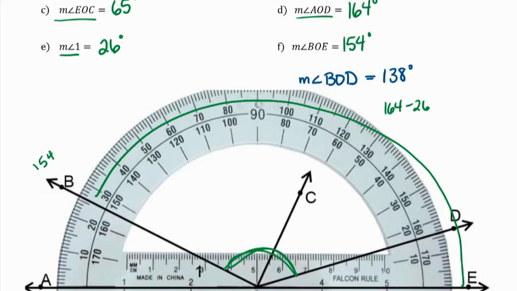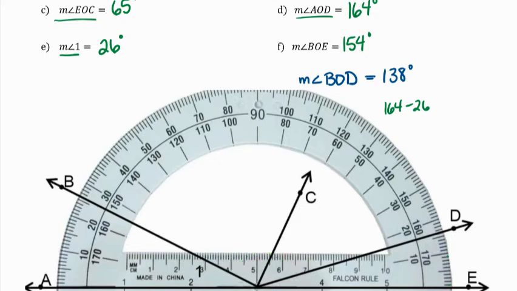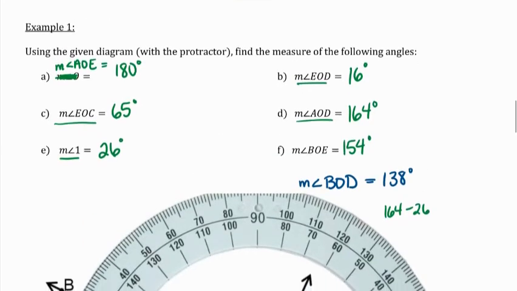And then they measure just this angle, which is at 16 degrees, and then subtract that off, right? So whichever way works for you, whether you use the inside or outside numbers, you're going to get the same 138 degrees. Okay? All right. There's how we use our protractor in case you haven't used one before.